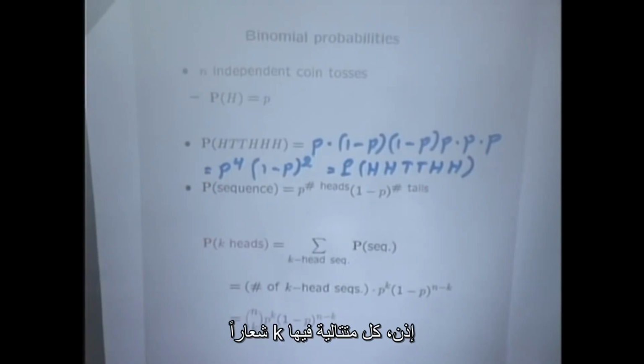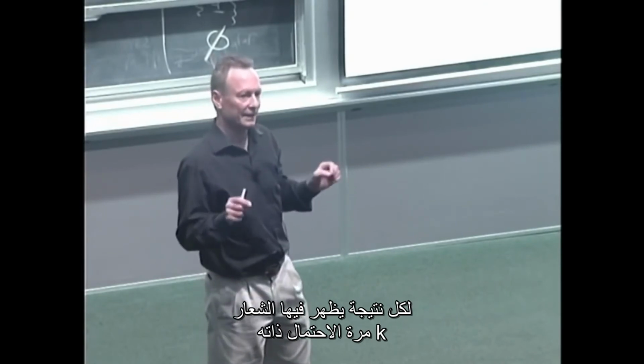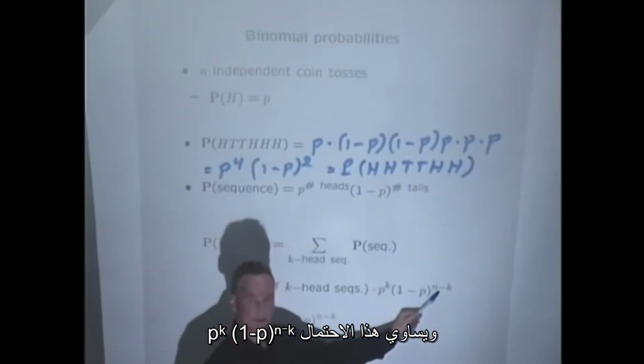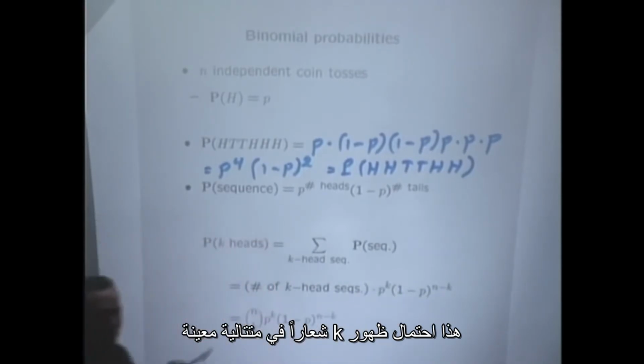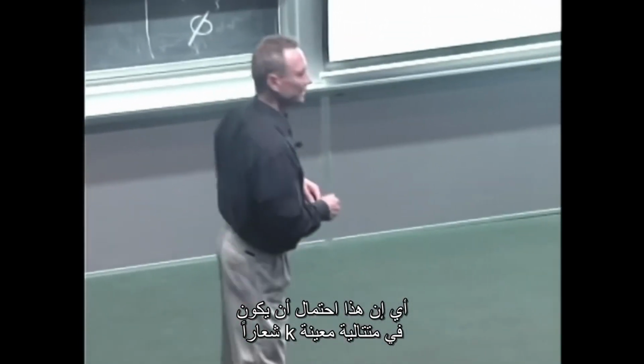So every k-head sequence, every outcome in which we have exactly k heads, has the same probability, which is going to be p to the k, 1 minus p to the n minus k. This is the probability of any particular sequence that has exactly k heads.